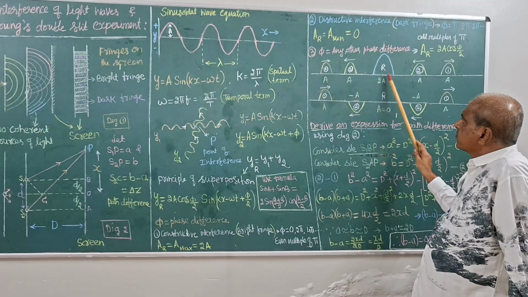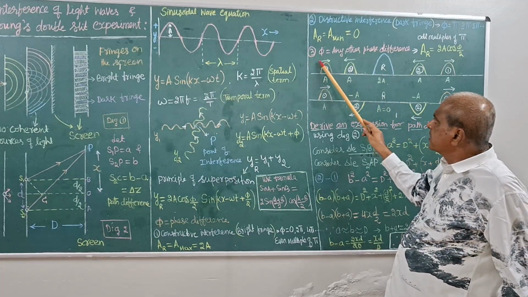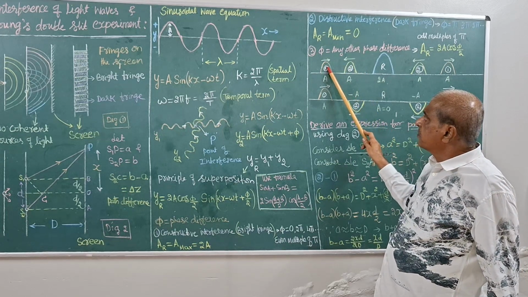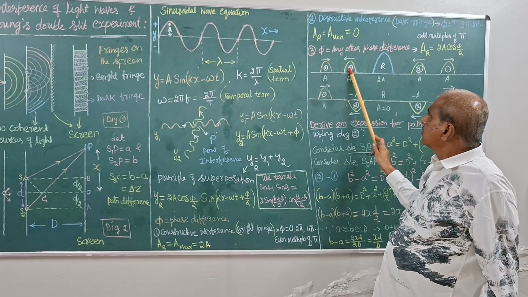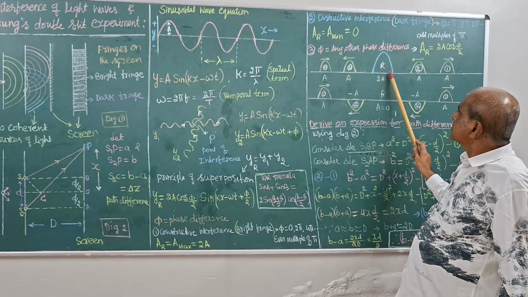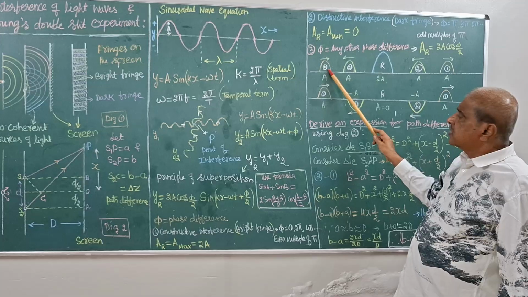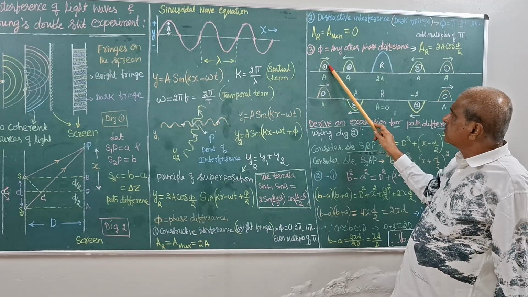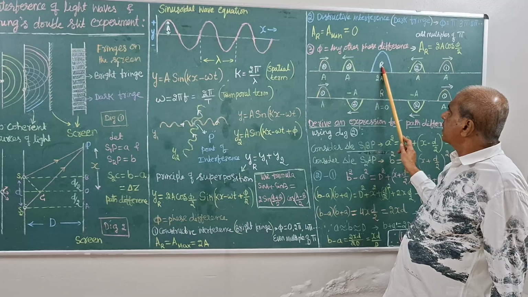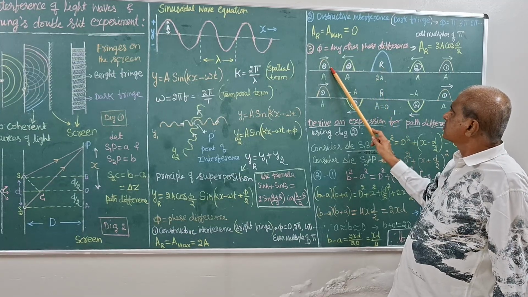Both are crests or peaks. When they meet each other at this point, they become an amplitude like this, double. Same wavelength, same height. When they meet, we get a resultant by combining these two.